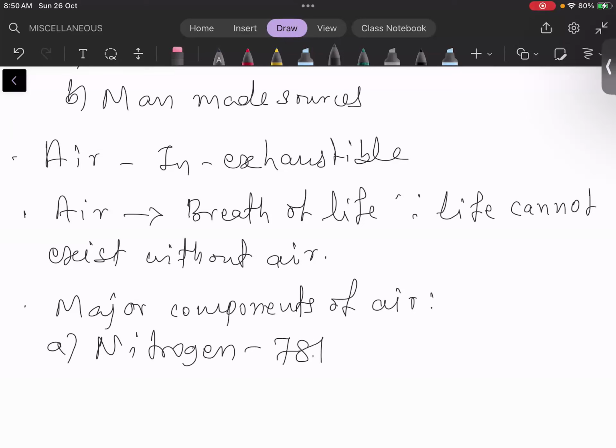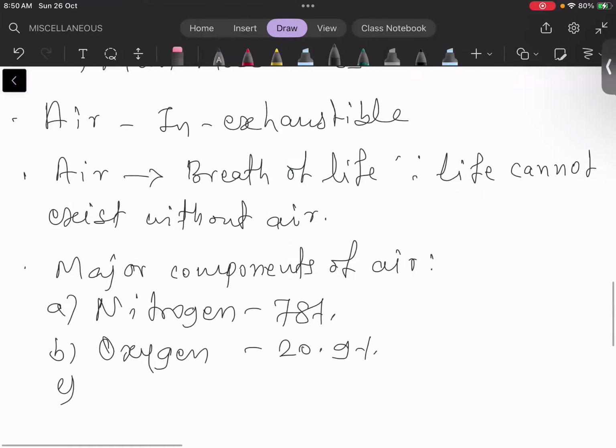Then oxygen, 21%, nothing but 20.9%, correctly rounded as 21%.